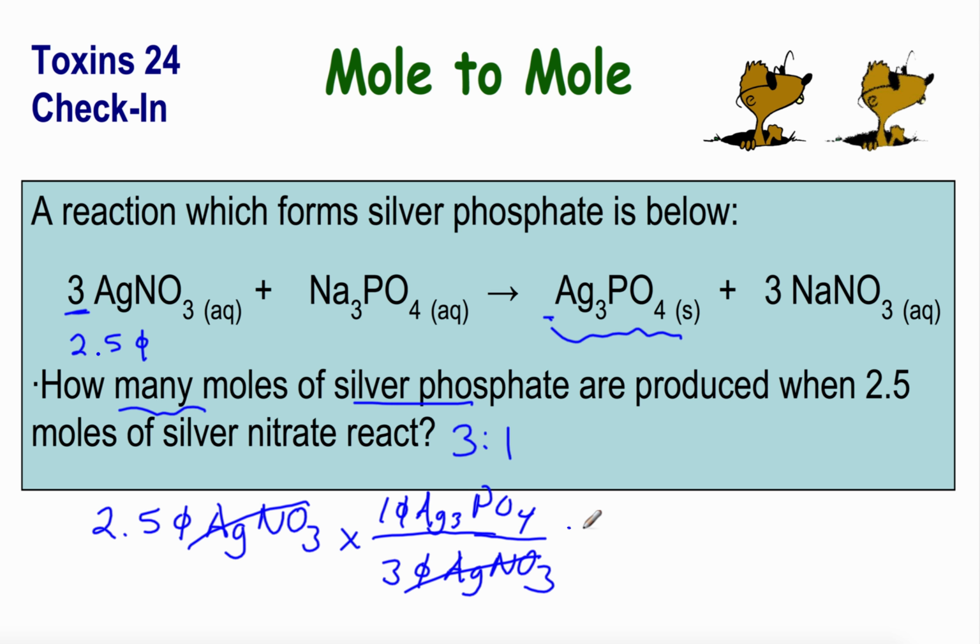I get 2.5 divided by 3, and I end up with 0.83 moles of Ag3PO4, and that is my final answer.